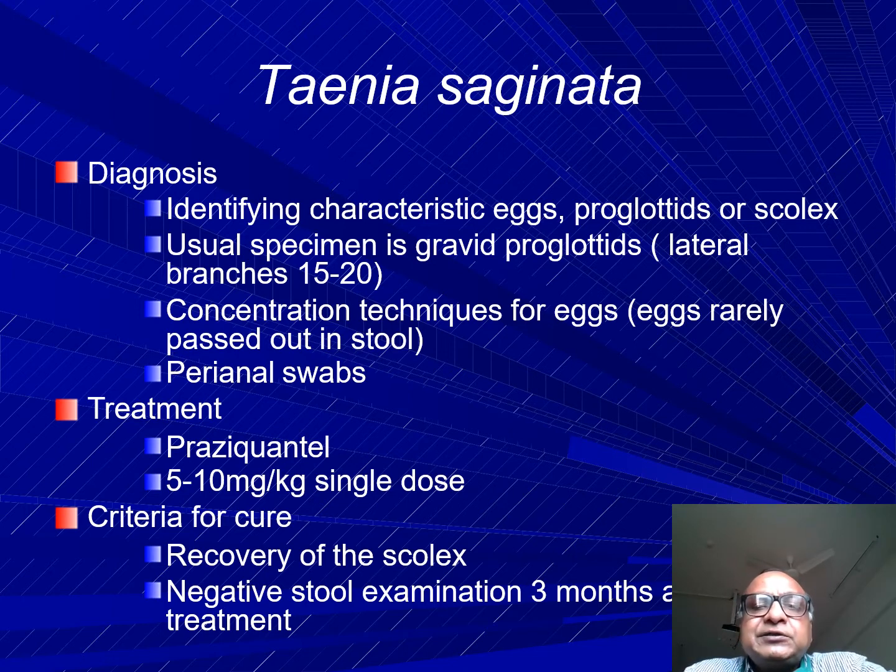The second structure which can be collected by the patient and brought to the laboratory is the gravid proglottids, which we can see in the slide and differentiate whether it is saginata or solium. Then eggs can be recovered by concentration techniques also, or else you can go for a perianal swab. By these methods, we can go for the diagnosis.